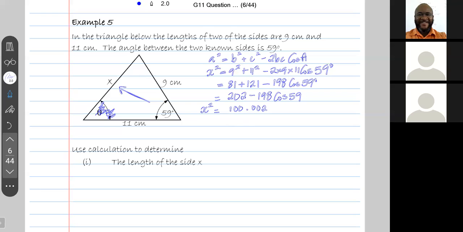The opposite of square is square root, so x is the square root of 100.002.